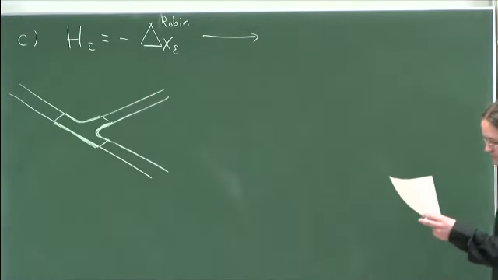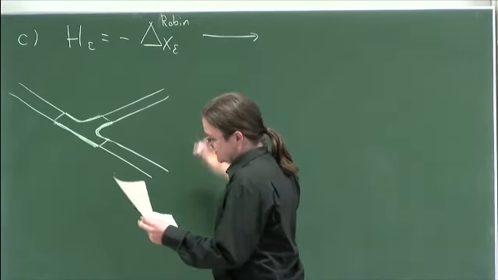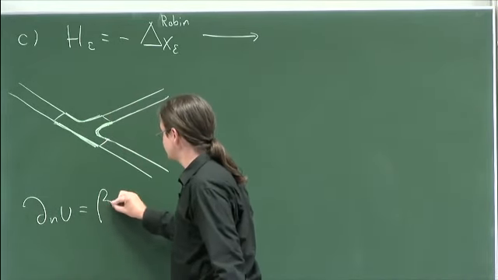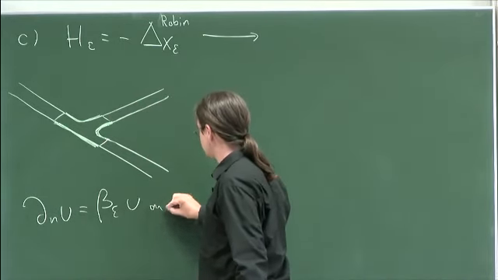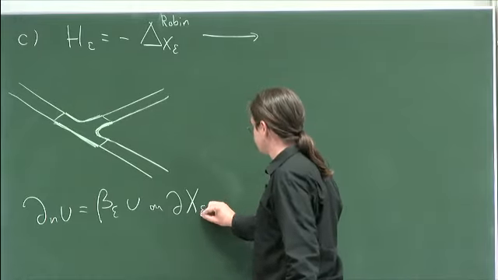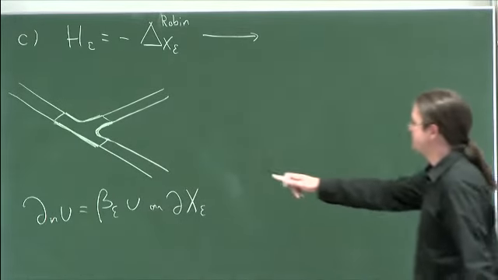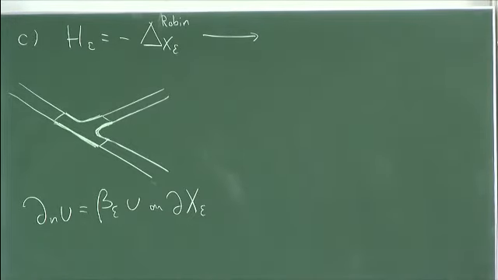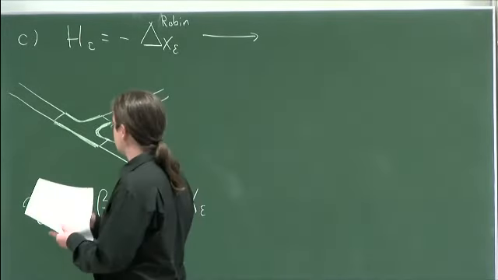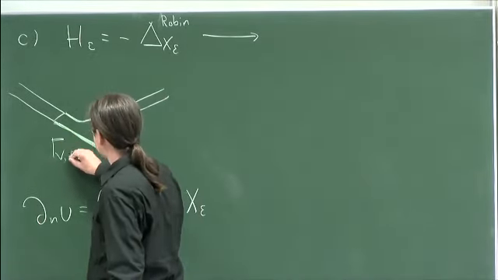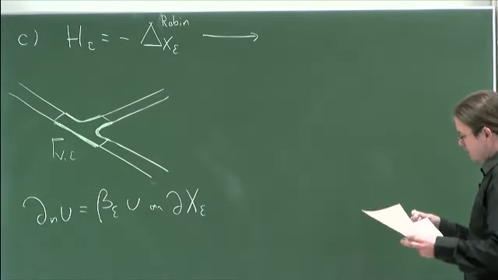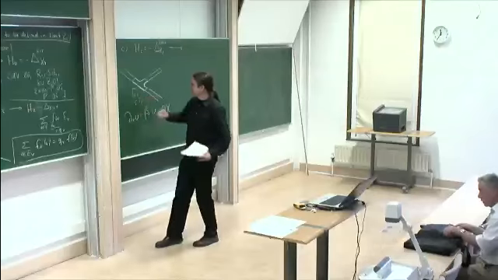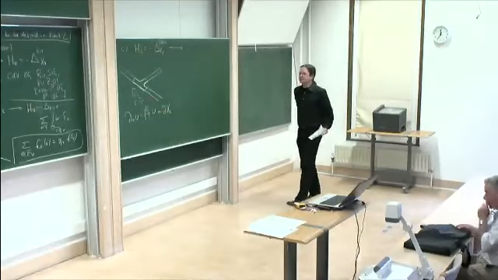Robin conditions: I assume that the normal derivative equals some function beta epsilon times u on the boundary of my thick graph. The boundary in this setting is the lines you see here. And on the green part, close to this neighborhood, let me call this gamma_V epsilon, this is again, by scaling invariance, epsilon times a fixed set, because of my basic assumption.